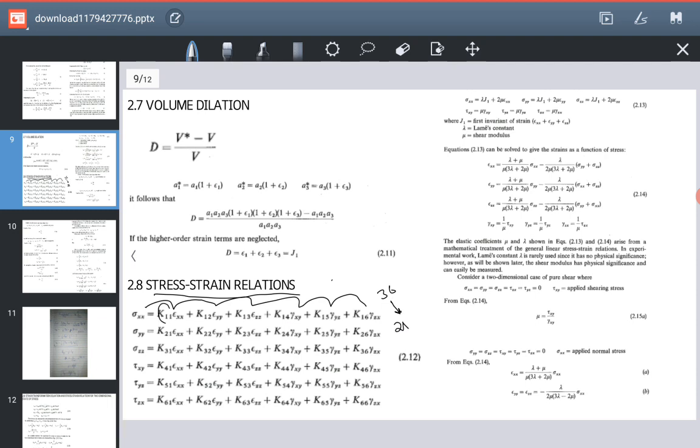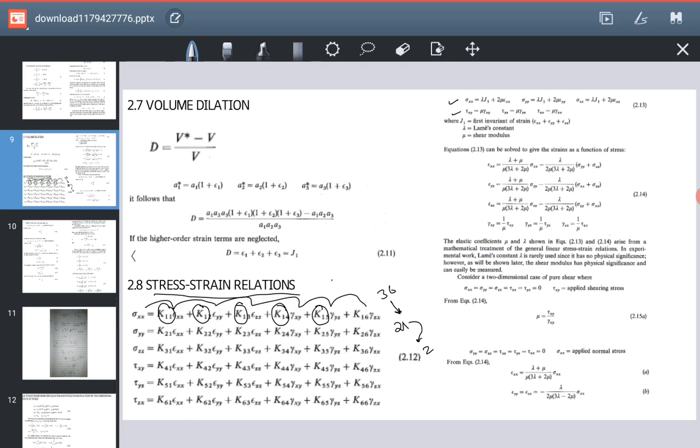These constants are the elastic constants, which depend upon the property of the material and not the coordinate system used. With further simplification we can reduce them into just two constants.